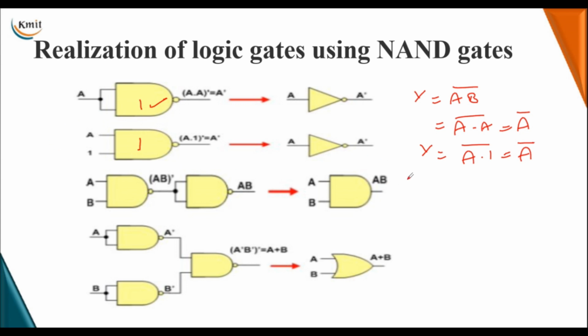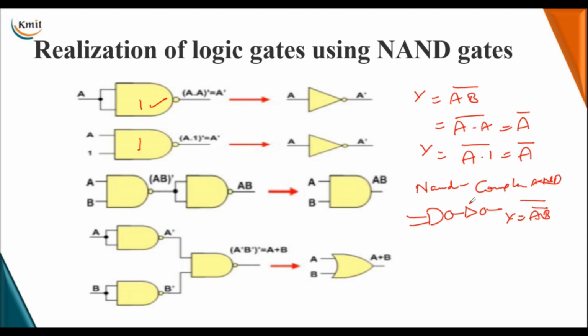Now, how to implement an AND function? As we know, the output of a NAND is nothing but the complement of AND. If I complement the output of the NAND with a NOT gate, the input to the NOT gate is (AB) bar and its output is one more bar.